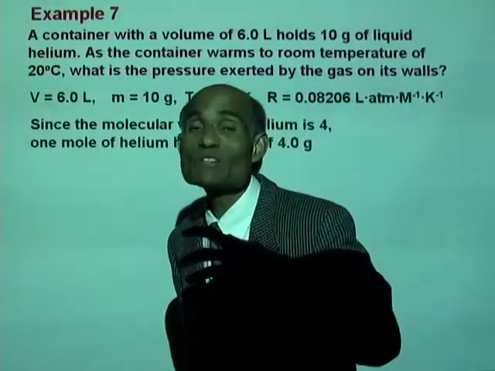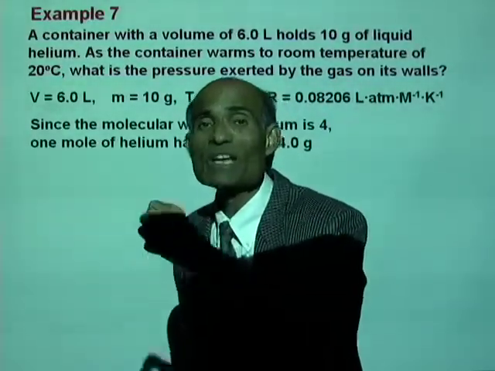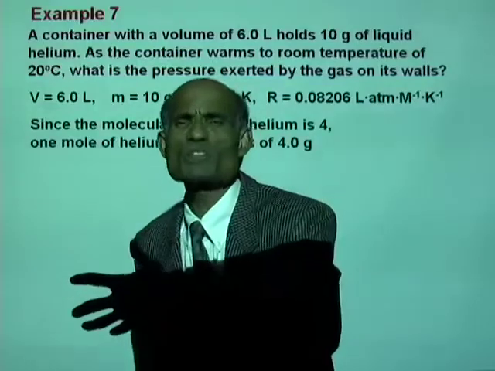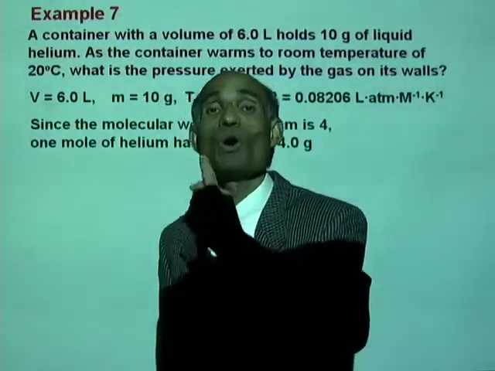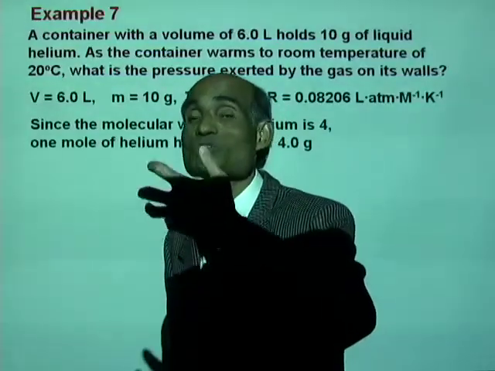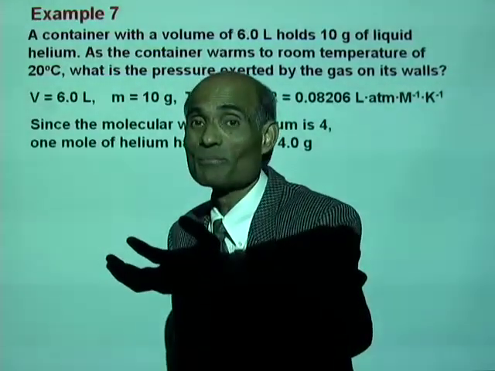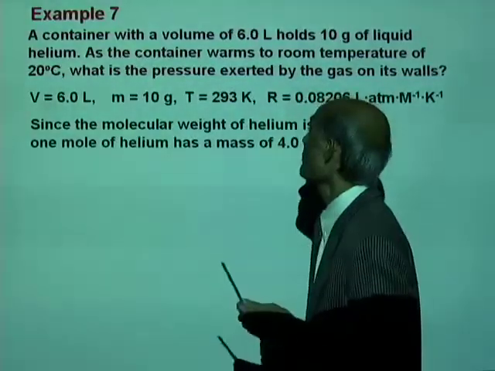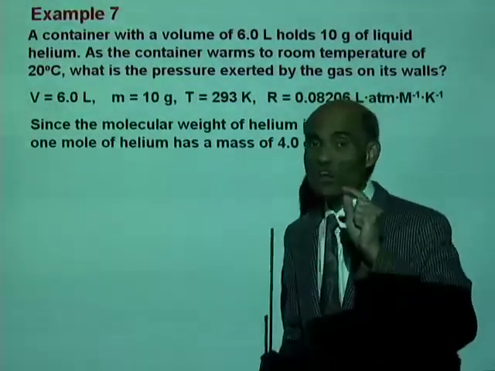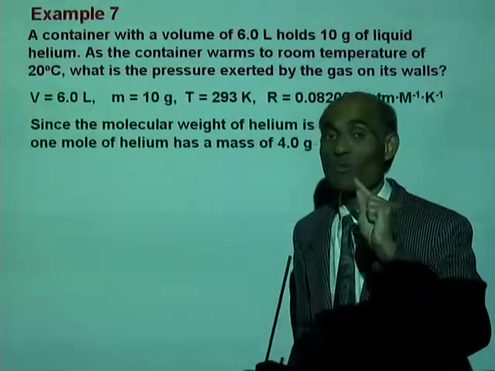If the molecular weight of water is 32, that means 1 mole of water has a mass of 32 grams. Alright? So the molecular weight of helium is 4, means the mass of 1 mole of helium is 4 grams.